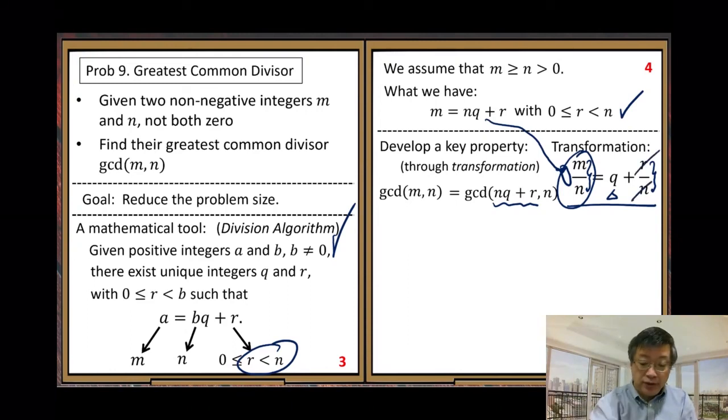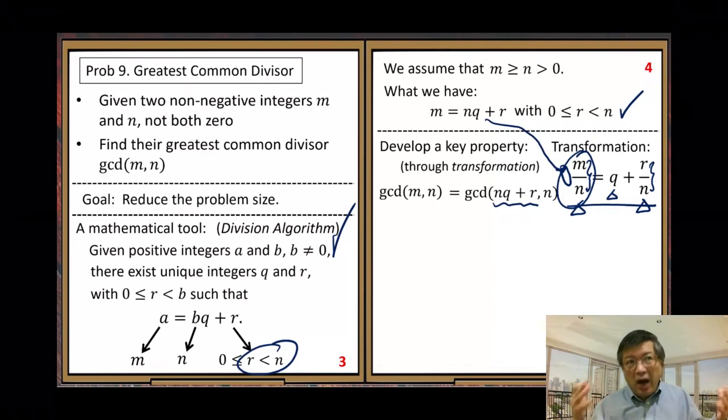Because after simplification, the denominators of both sides should be the same. That's pretty obvious.